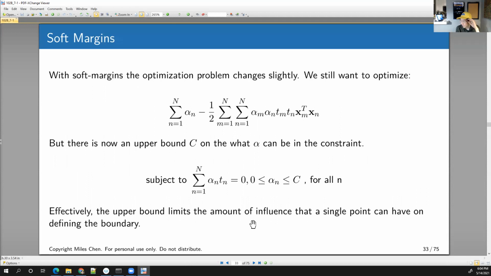And we left off and said we can allow for soft margins. Okay, and soft margins basically allow for some points to be misclassified, right? And that feels a little bit silly because we were just saying that when we draw the boundary, all of the points have to be correctly classified.